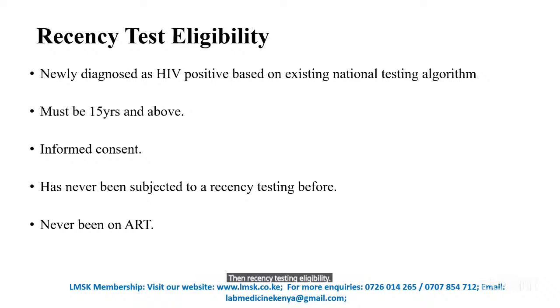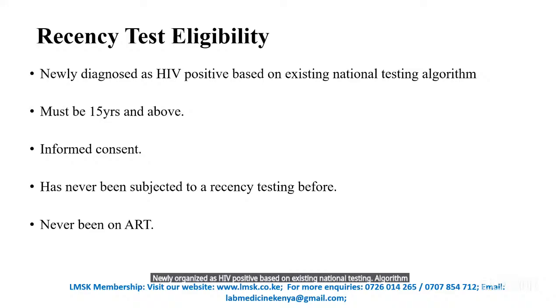Then, recency testing eligibility. Not all our clients who come to the facility are eligible for recency testing surveillance, so there is an eligibility criteria. First, newly diagnosed as HIV positive based on the existing national testing algorithm.